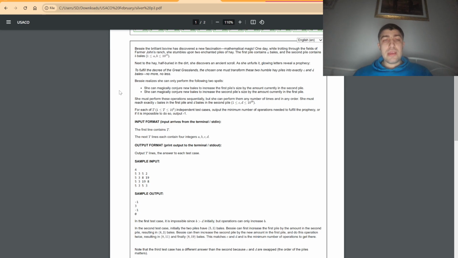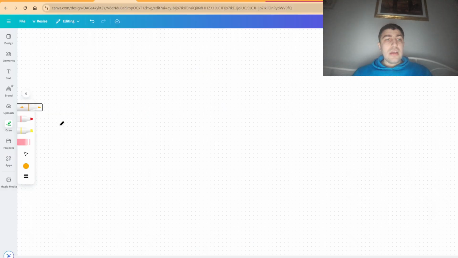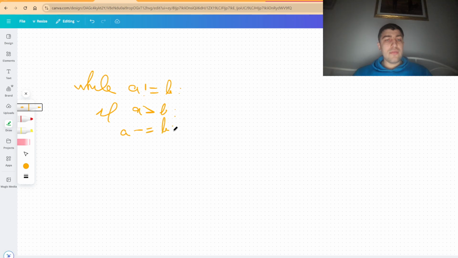With this simplification, we can now try to compute quickly the number of operations we need. If we look at the GCD algorithm I mentioned, one version is very slow normally, but can be optimized: while A is different than B, if A is greater than B, you subtract B from A, otherwise you subtract A from B. So again, a very similar GCD algorithm.